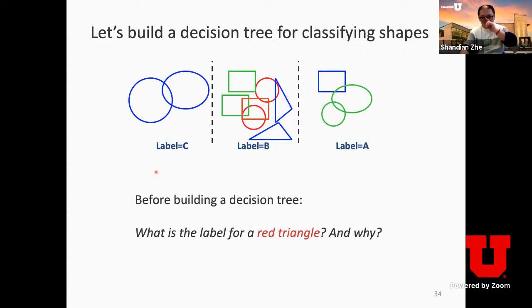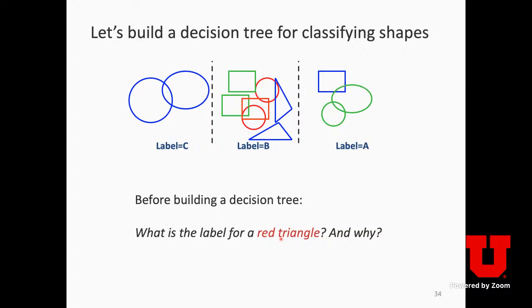Before we build the tree, we can take a look at this data set. Suppose we're given a test case, which is a red triangle. Which label should we give for this red triangle?